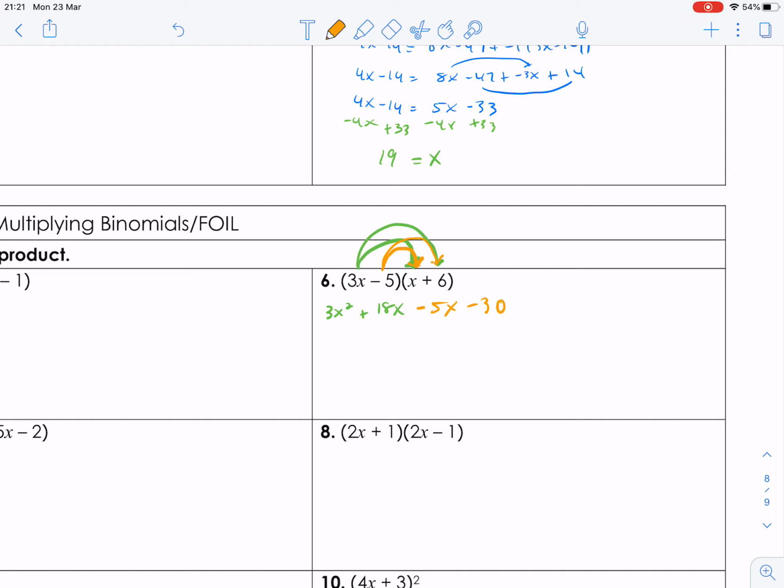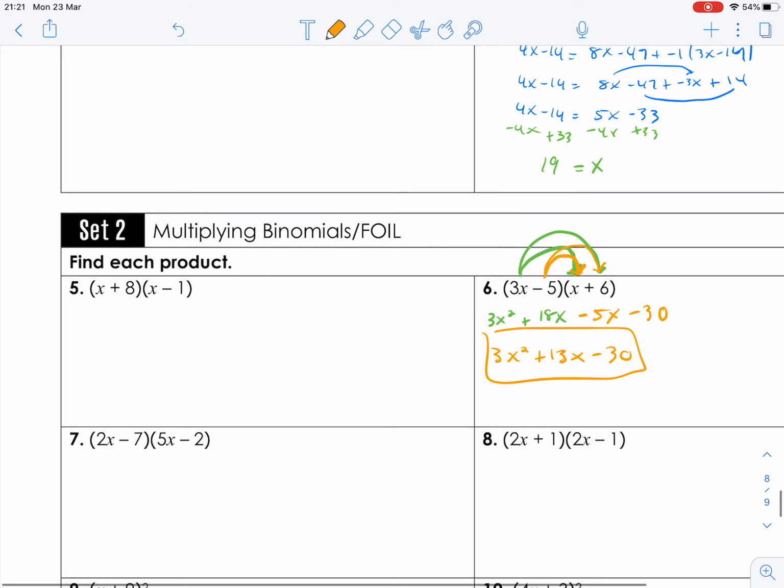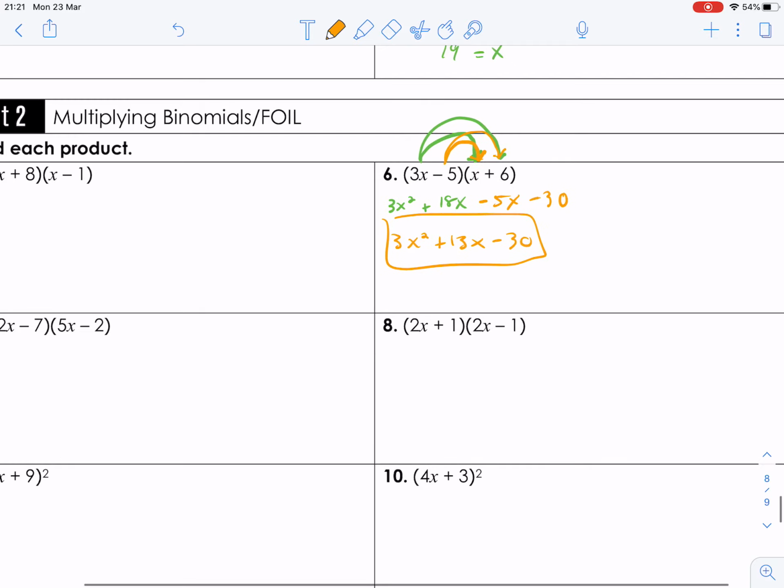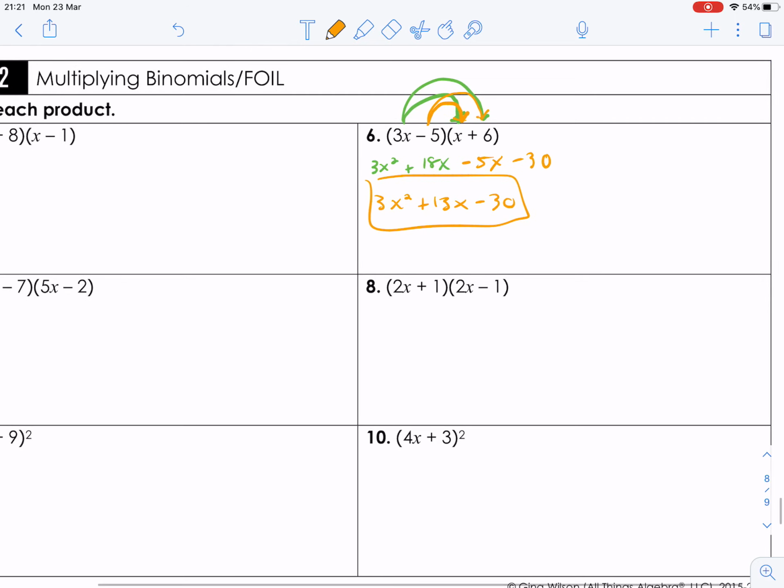And then we just combine like terms. We get 3x squared, 18x minus 5x, 13x, and then minus 30. That is called multiplying binomials. They call it the FOIL method only for multiplying two binomials, but I just like to call it distribution, because that's what it is. So here we go, number 8.